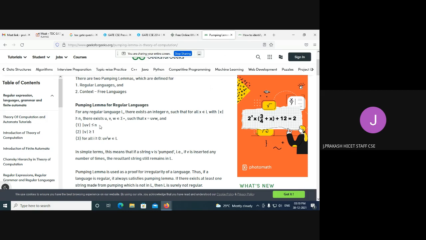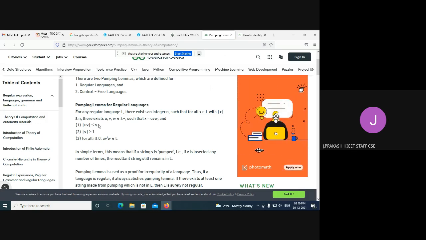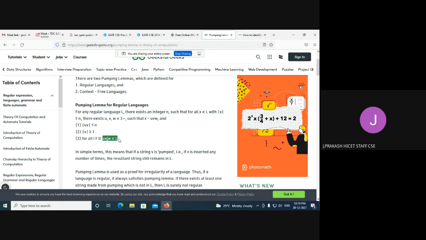Modulus of UV is less than or equal to n, and modulus of V is greater than or equal to 1. Let us take only this condition from the exam point of view.